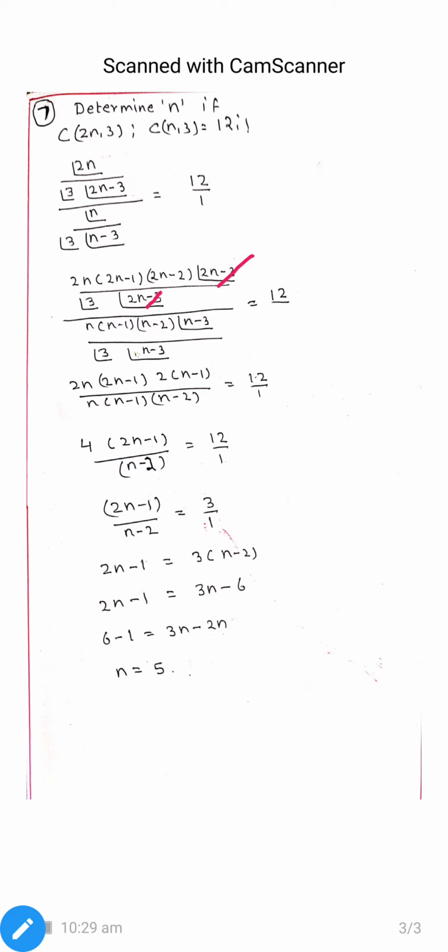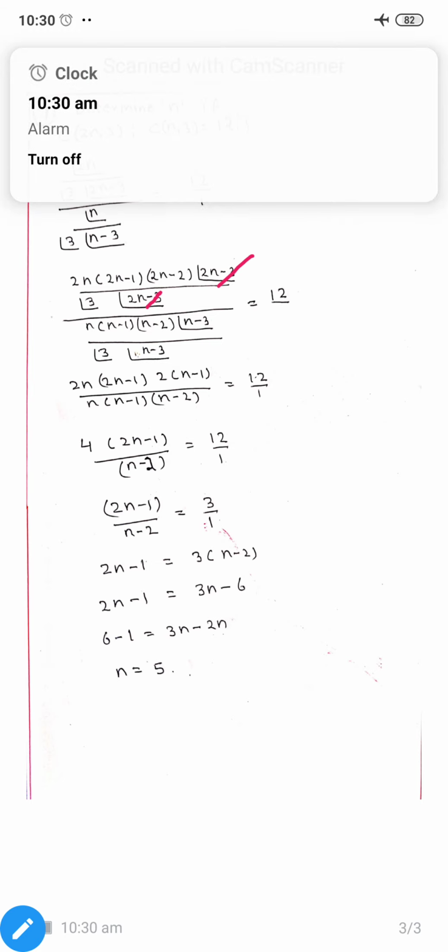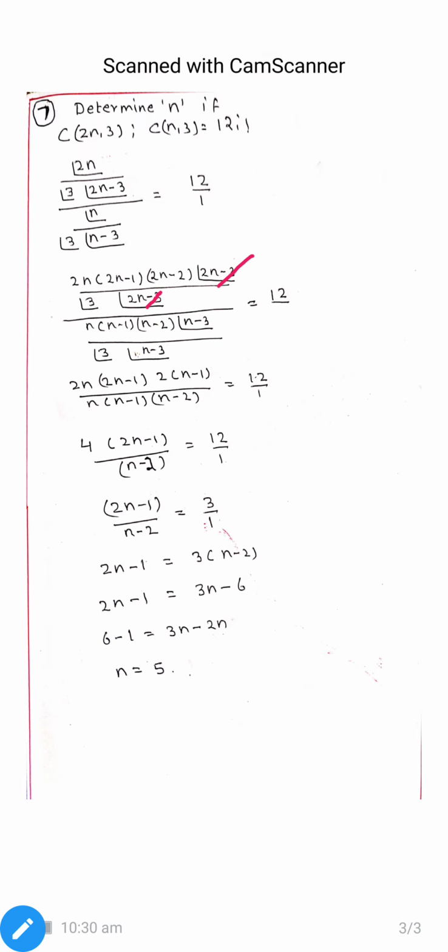Then factorial n is expanded as n, n minus 1, n minus 2, factorial (n minus 3) divided by factorial (n minus 3). Then factorial (n minus 3) is cancelled out. 3 factorial is also cancelled out. 2n, 2n minus 1, 2 is taken common from 2n minus 2.